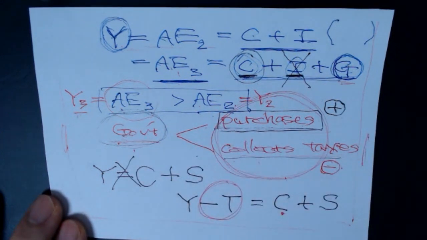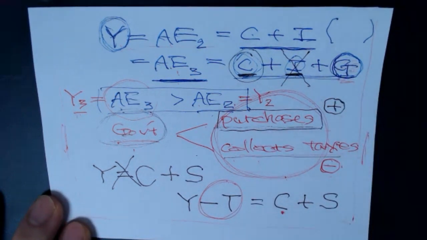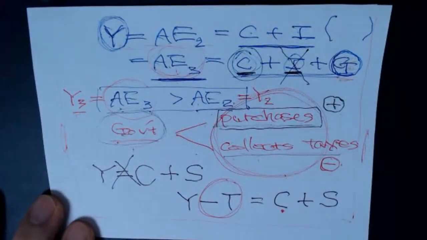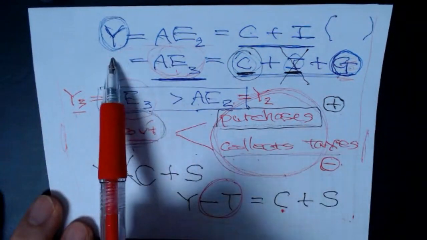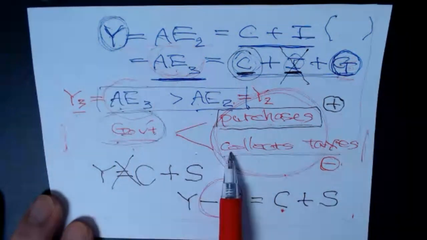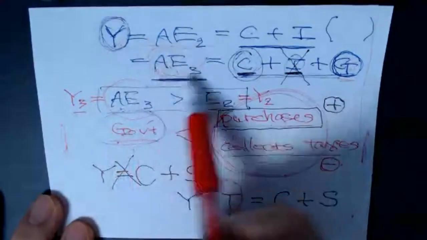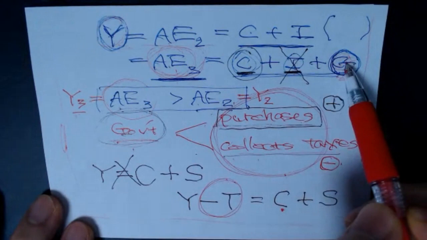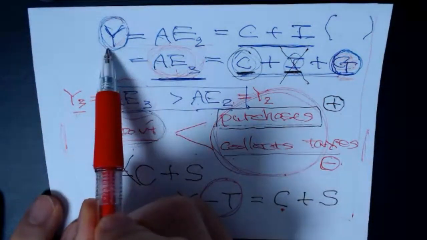So our question is, when we have government in addition, whether aggregate expenditure would increase, remain the same, or decrease. It is the same question as whether the output of this economy increases, remains the same, or decreases, because the equilibrium condition tells us that output should equal the expenditure in the economy. So if aggregate expenditure increases, output also increases.